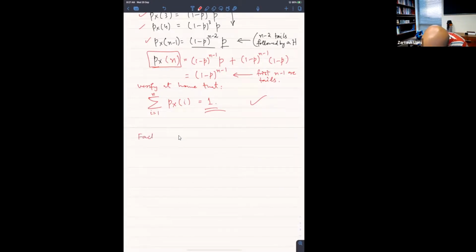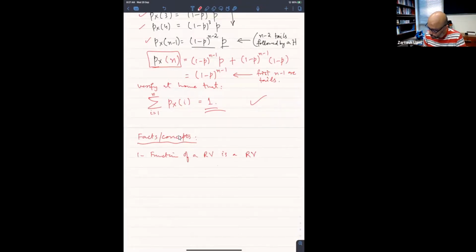I'm going to write some facts and concepts here. One is function of a random variable is a random variable. What is a function, by the way? Function क्या चीज होती है? Function क्या करता है?